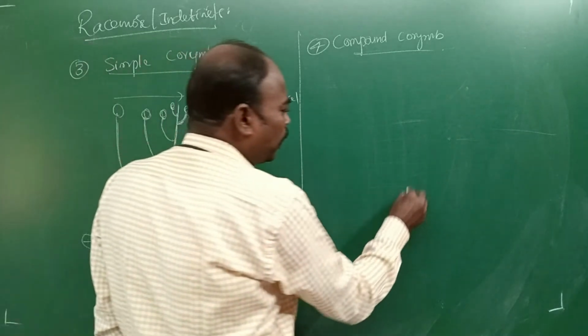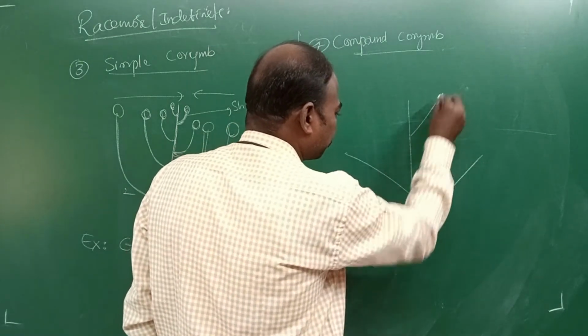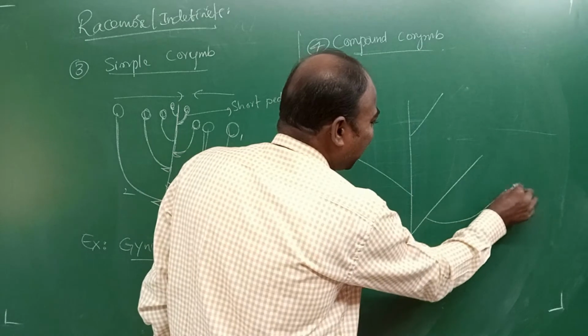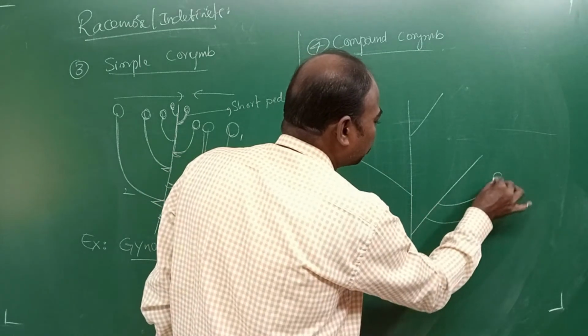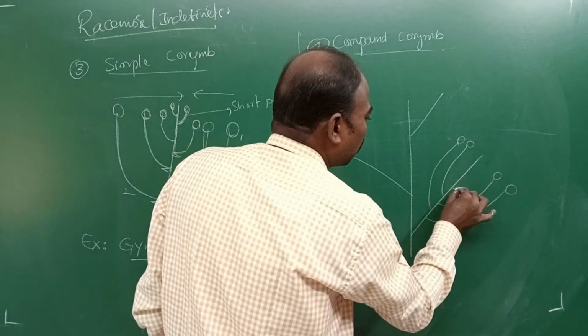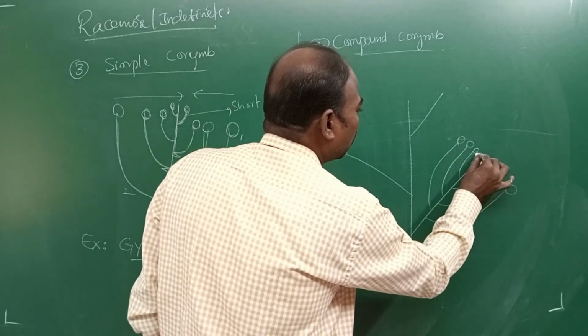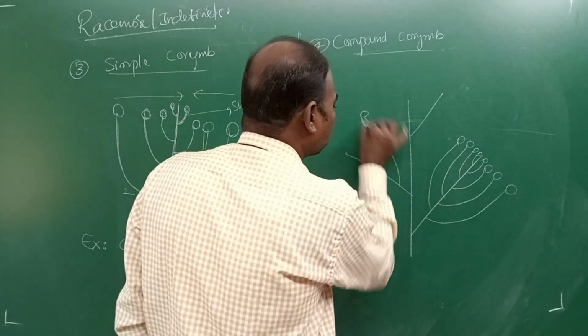What is compound? The peduncle gets branched. Each branch has a simple corymb, meaning long and short pedicels having flowers.